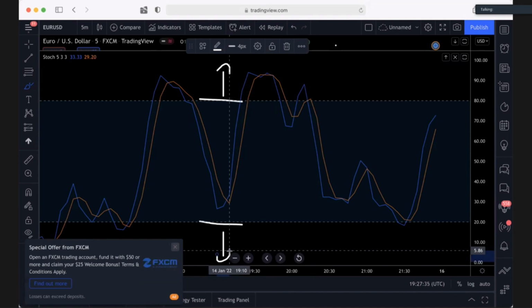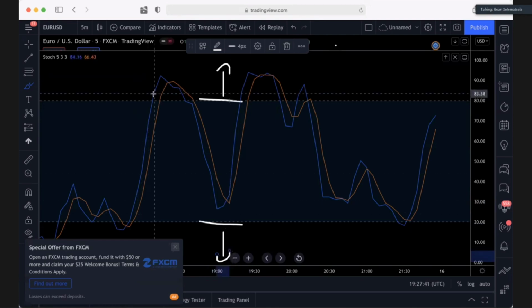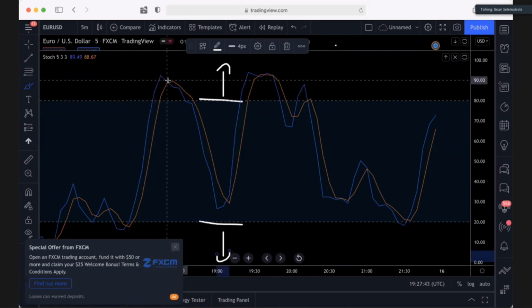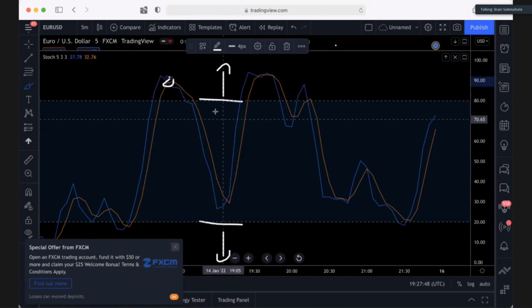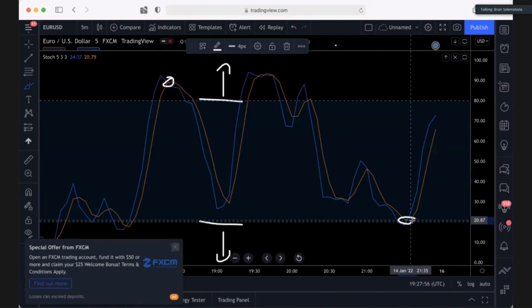Another very important thing is that this blue line is the one that normally crosses the orange line, doesn't matter if the stochastic is going to the upside or the downside.